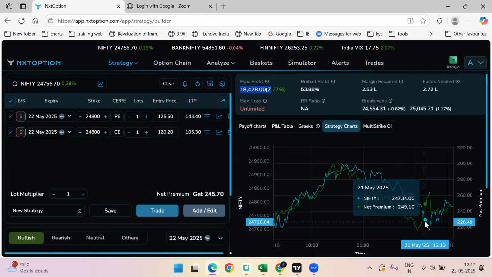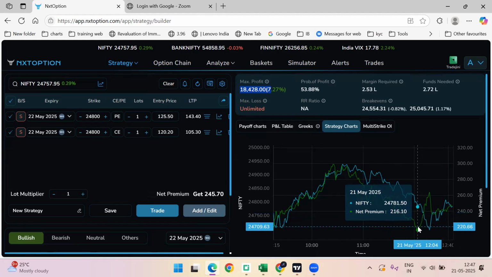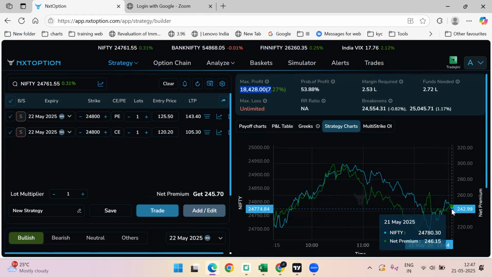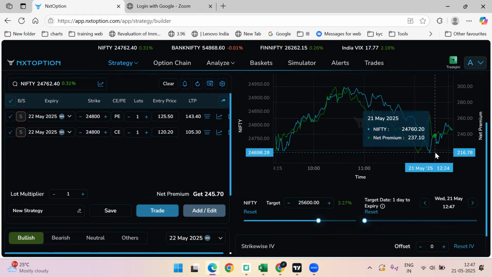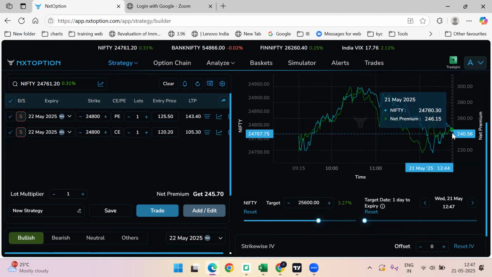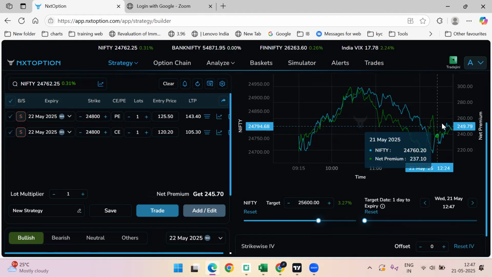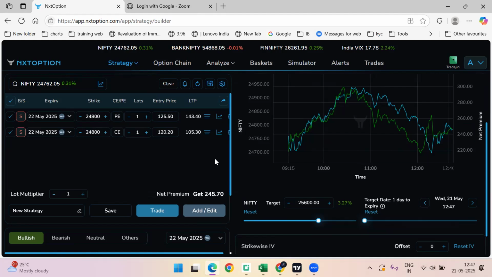Then the market came down, probably the put delta increased, so your gain came down to 216, and currently there is just a gain of 246. Now, as the day progresses, till tomorrow, if the market remains at the same level, the gain from the premium would increase. So right now you're collecting 245.